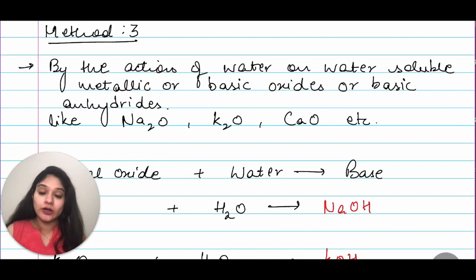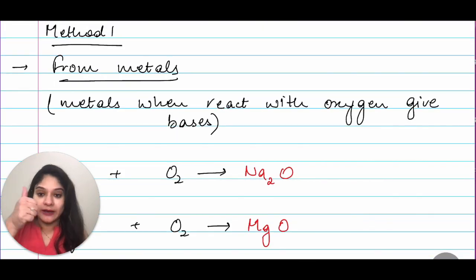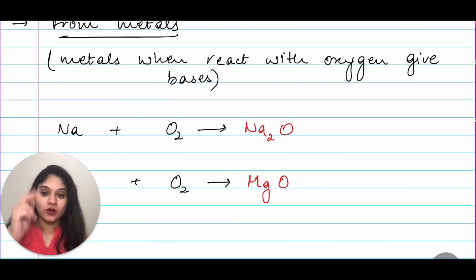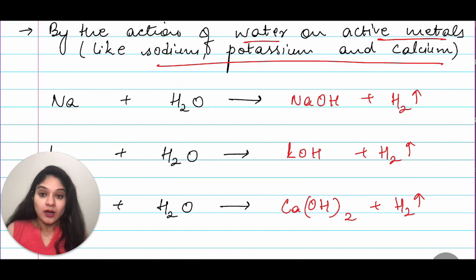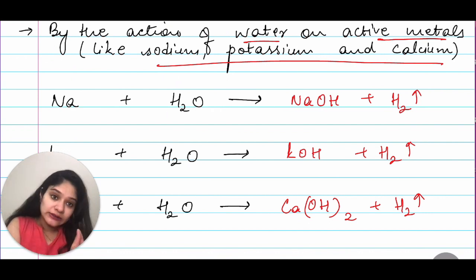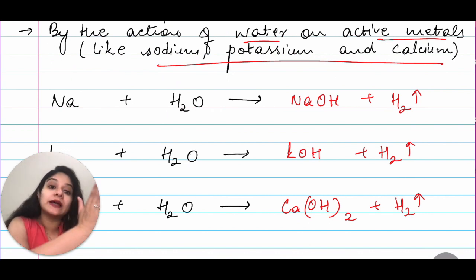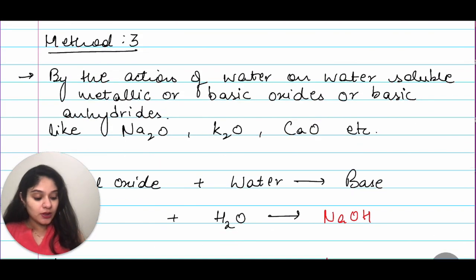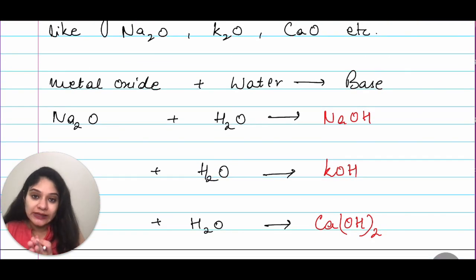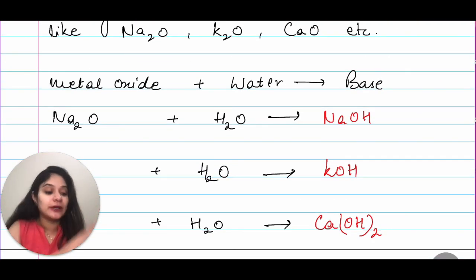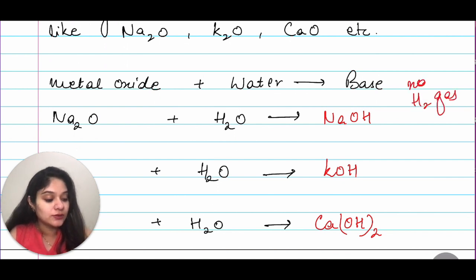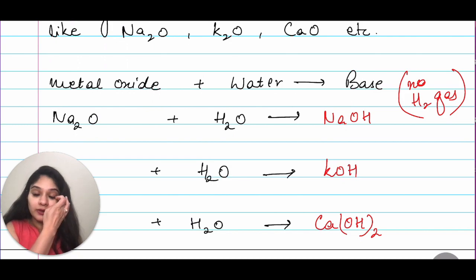We have got a pattern again. Metal plus oxygen, metallic oxide. Metal plus water, metallic hydroxide plus hydrogen gas. Third one, metallic oxide plus water will give me base. You will not get hydrogen gas here. You have to remember that.